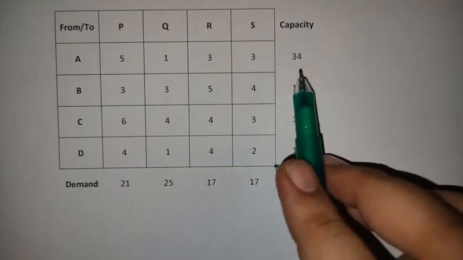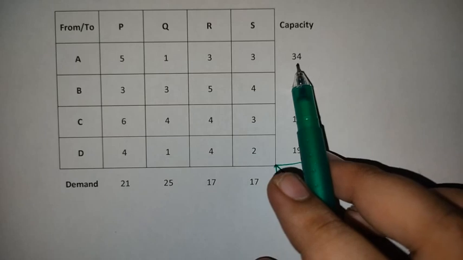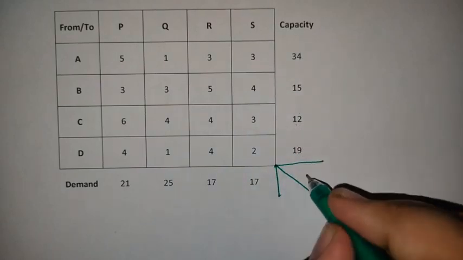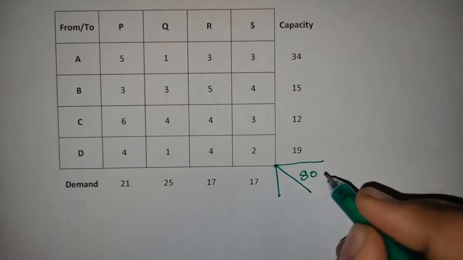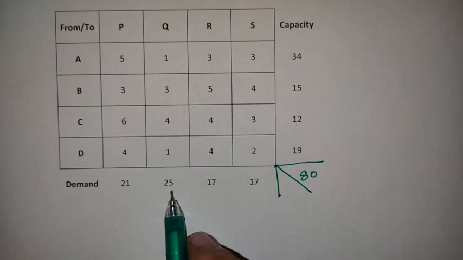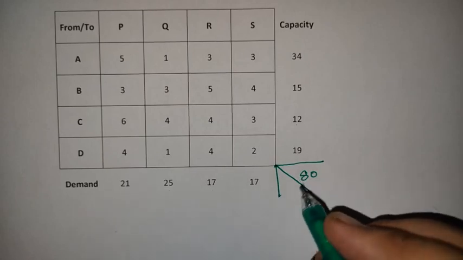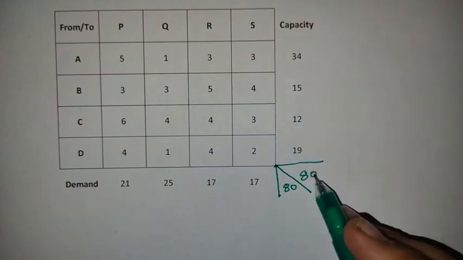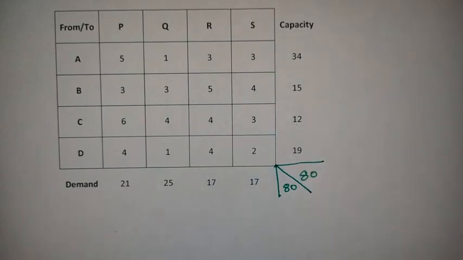I am going to calculate the total capacity: 34 plus 15 plus 12 plus 19 is 80, and here also I am calculating the total demand: 21 plus 25 plus 17 plus 17, it is 80. So as total capacity is equal to total demand, we can say that this is a balanced transportation problem.